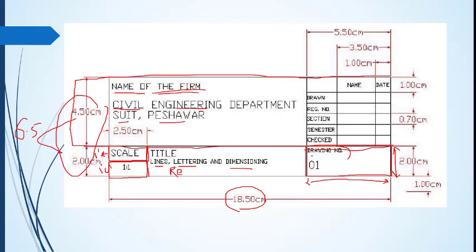Here you can see that drawing number 01 is given. If you draw drawing number 1, you will write here drawing number 1. If you draw drawing 2, then you will write drawing 2, drawing 3, drawing 4, and so on up to 11, etc.